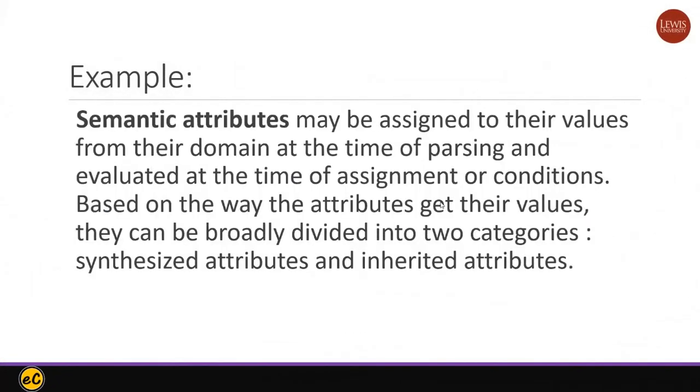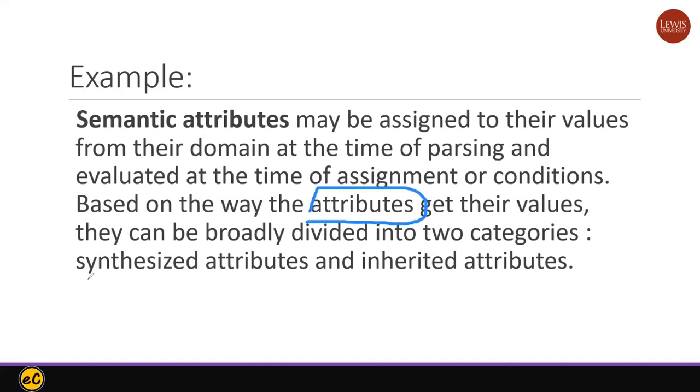So we talked about this already. Semantic attributes may be assigned their value from their domain at the time of parsing. So at parsing and evaluation time, we will assign to it. Based on the way the attributes get their value, they can be broken into two types. Now we are going to define the types of attribute.